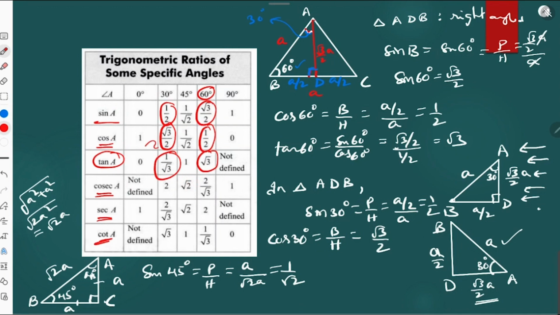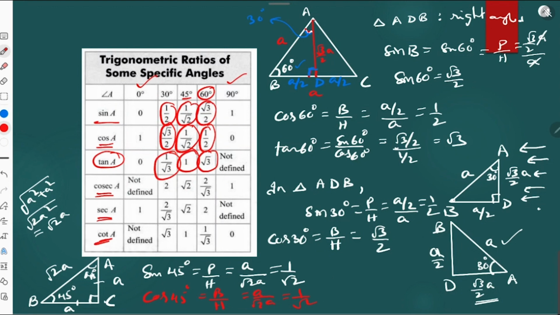Cos 45 is base by hypotenuse. Here also base is A by root 2 A, that is 1 by root 2. If you divide sine theta by cos theta, you will get tan theta as 1. And they are reciprocals.